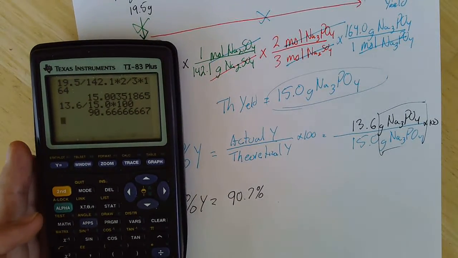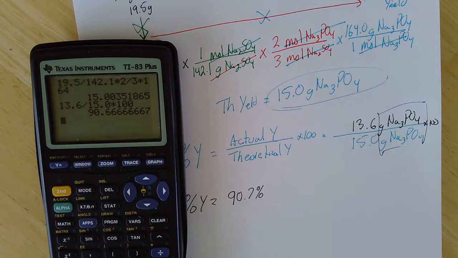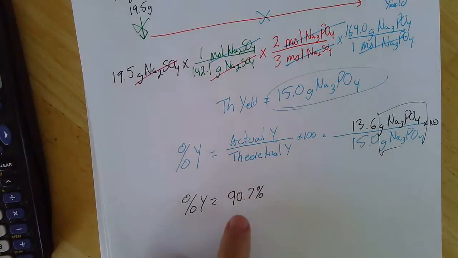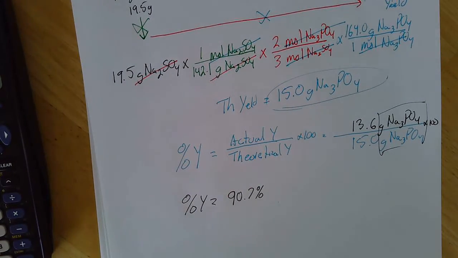And we did 90.7%. Okay, so what this number tells us is it's giving us an indication of kind of more like our losses. It's saying almost 10% of our reactants, or in this case, 10% of whatever we started with, was lost, was not converted to our final product. So in a lab, that can be a lot of different things.